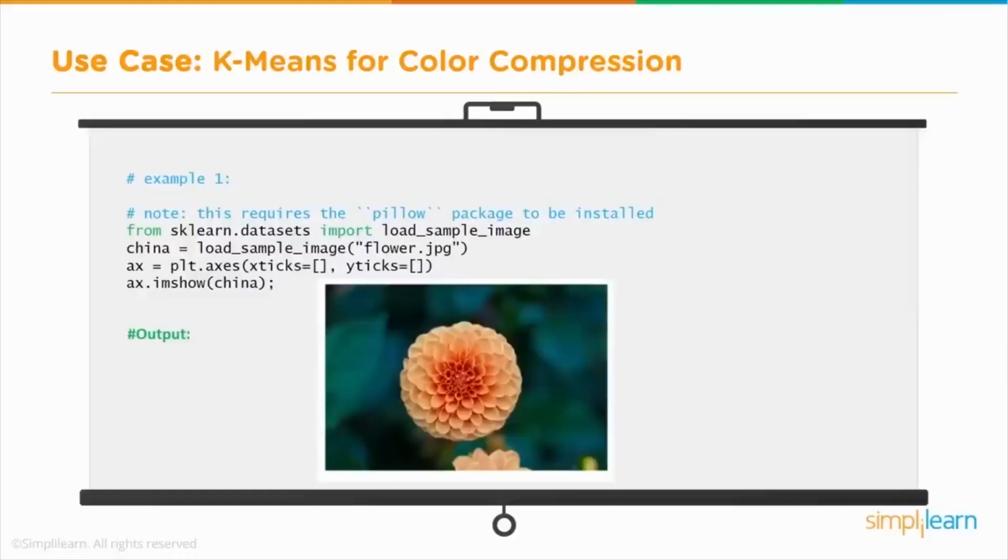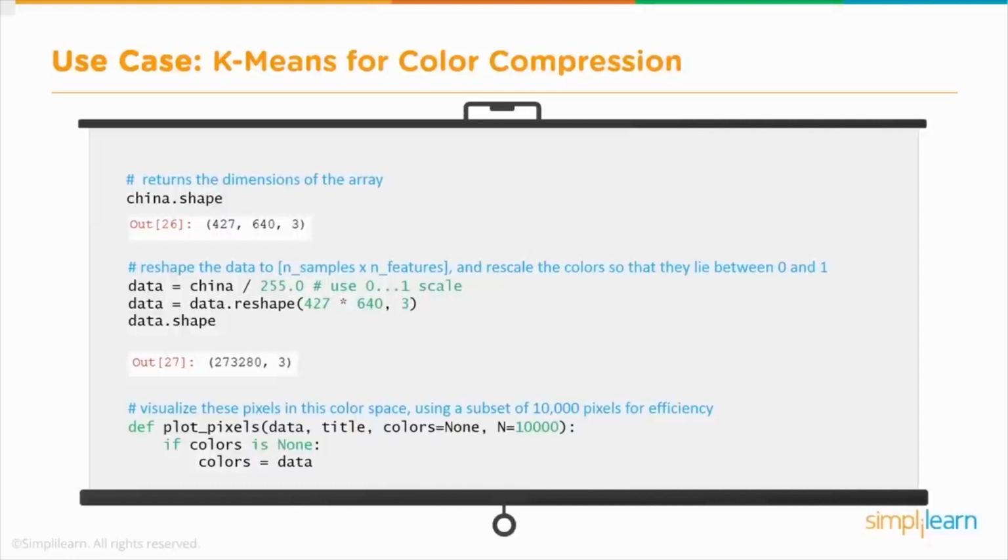Before we go into the Python notebook, let's take a look at the code quickly. As usual, we import the libraries, import the image, and then flatten it. The image information is stored in the form of pixels, and if the image is, for example, 427 by 640 with 3 colors, that's the overall dimension of the initial image.